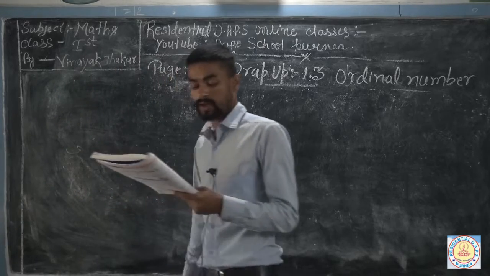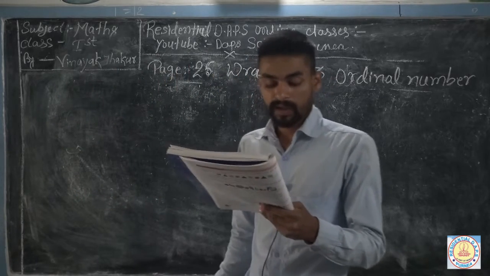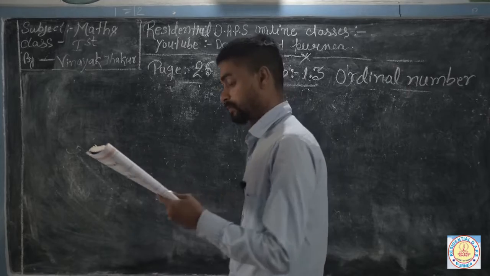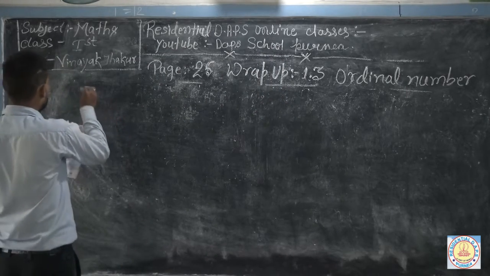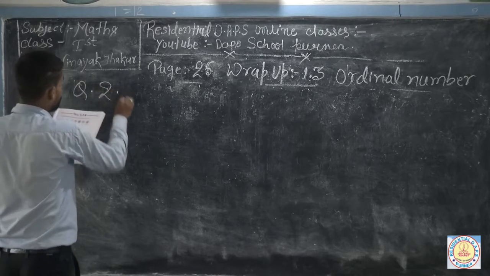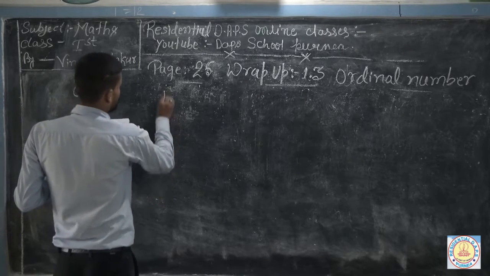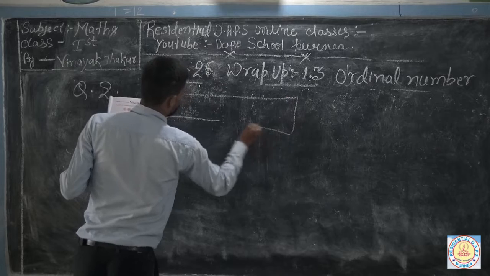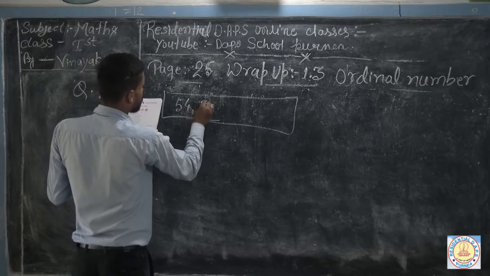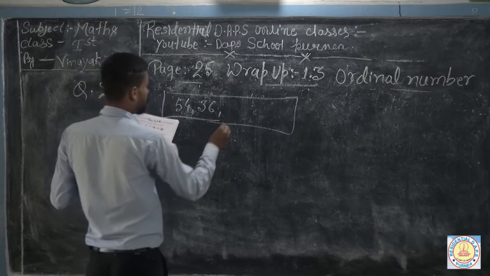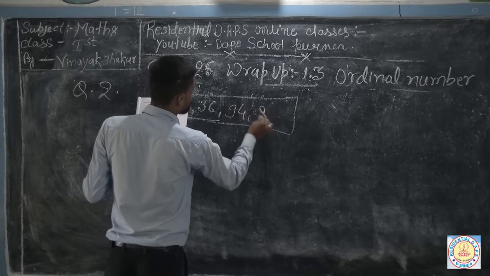So I think you can solve it very easily. Your question 2 given numbers are 54, second one 36, then 94, then 88.